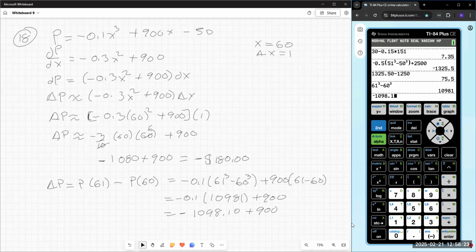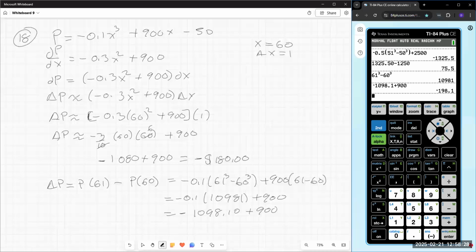Negative 1098.1 plus 900 is a negative 198.10. So the difference of $18.10.